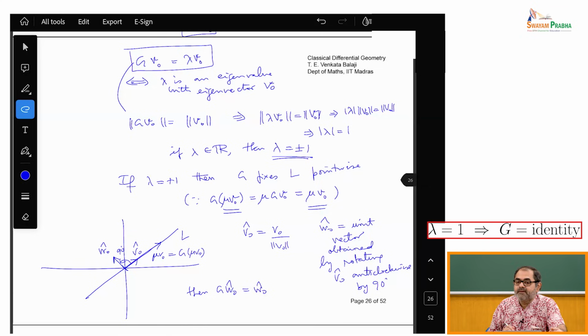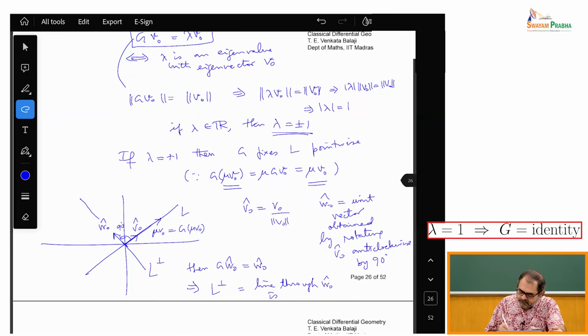This implies that the line perpendicular to L is also fixed by G, and this implies that G is the identity map.